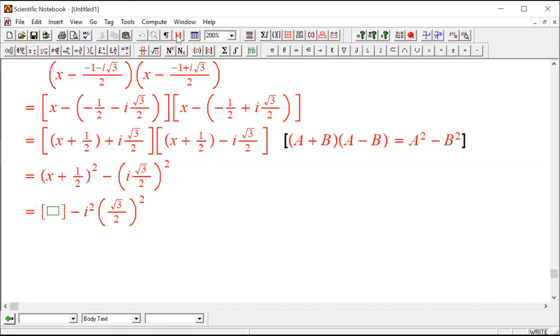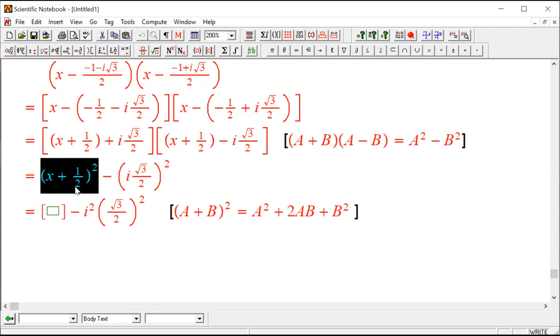When we FOIL that part, you can use this formula: A plus B squared equals A squared plus 2AB plus B squared. What does that mean? X plus half squared, right?